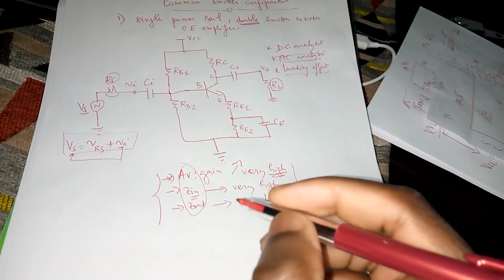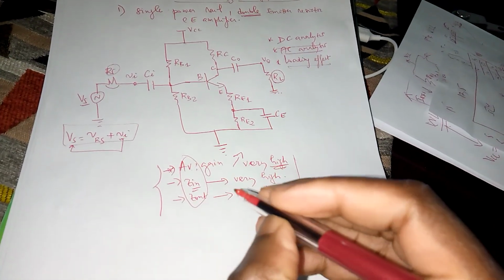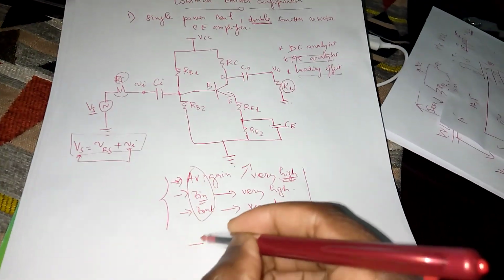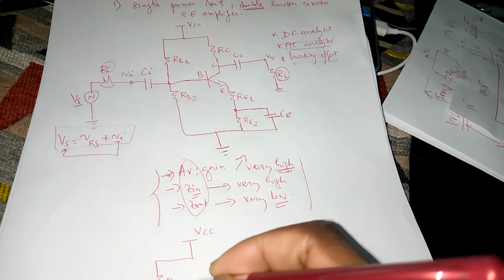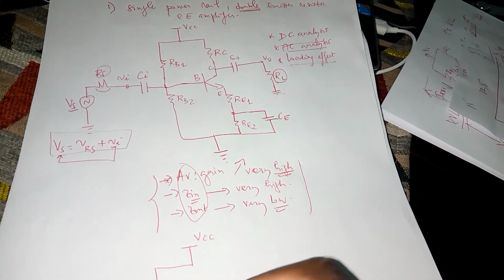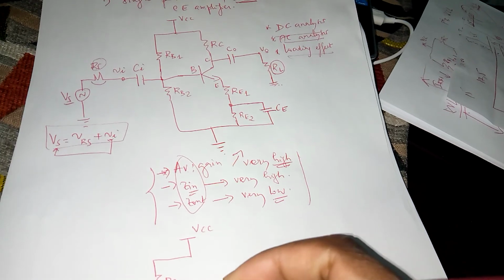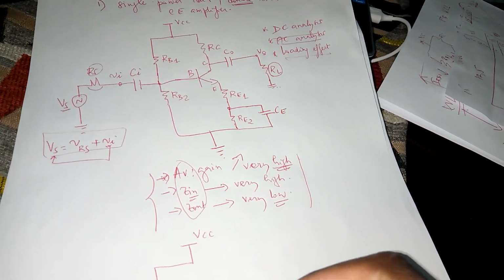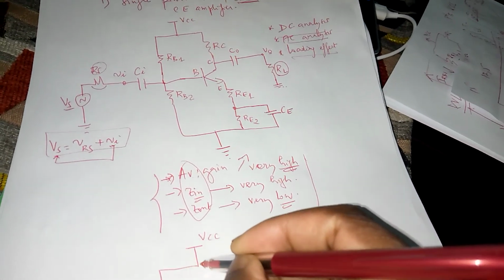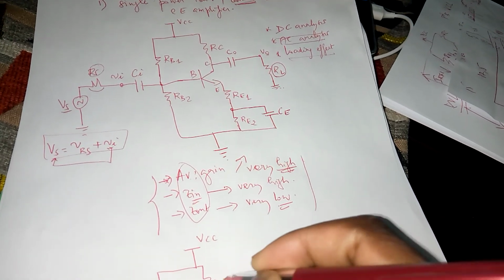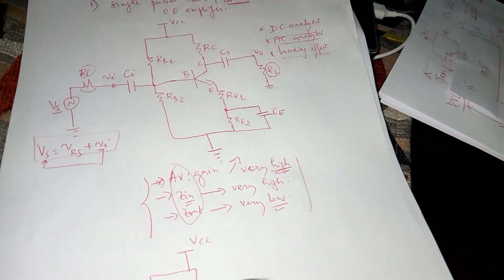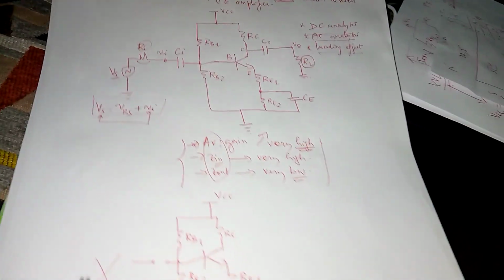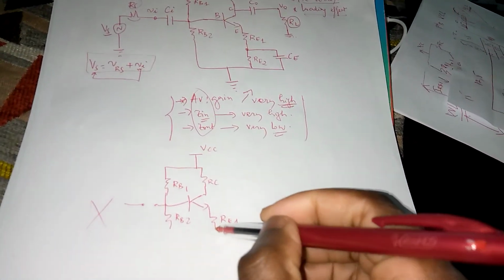We know that in DC, capacitors behave like open circuits, so that reduces the circuit to the following: RB1, RB2, RE1 is still there, RC is there. Now at the base, because the capacitor behaves like an open circuit, the rest of the circuit is cut out. You agree? The rest of the circuit after the base is cut out.